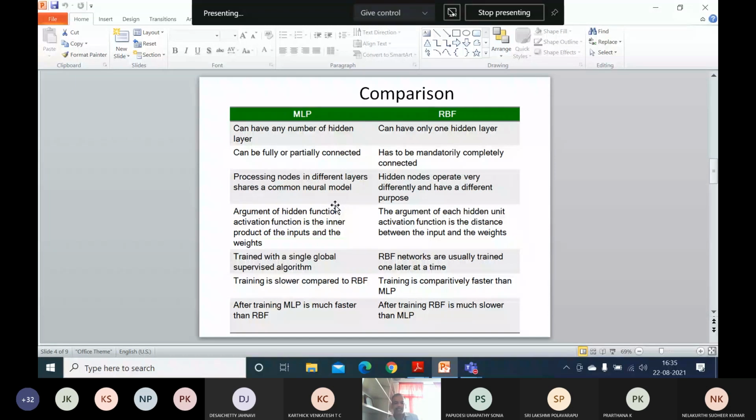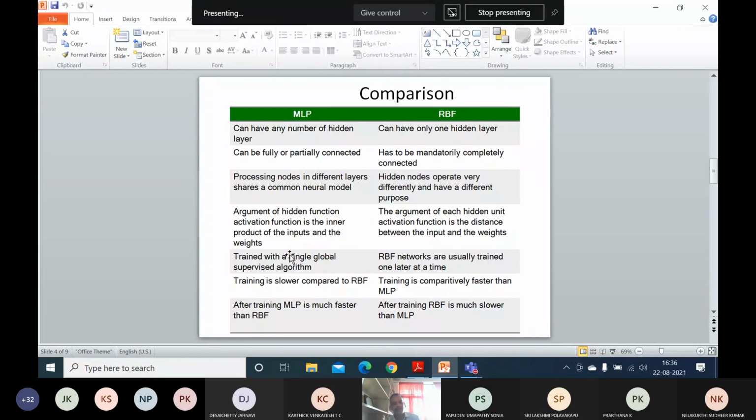In the hidden nodes, we are trying to feed in the basis units or basis functions depending on the application. That's why they say hidden nodes operate very differently and have a different purpose. In an MLP, the argument of the hidden activation function is the inner product of the inputs and the weights, which is nothing but the aggregation of the inputs times Wi, that is, xi Wi.